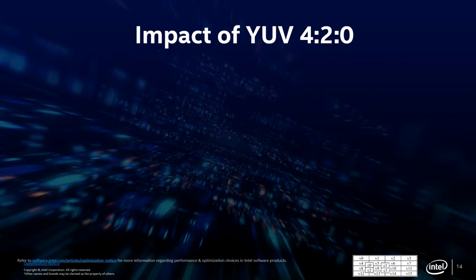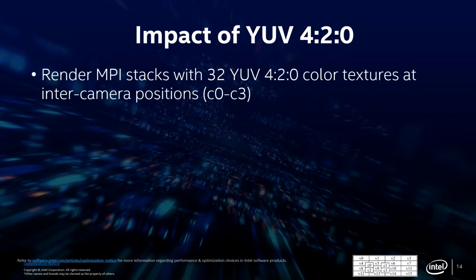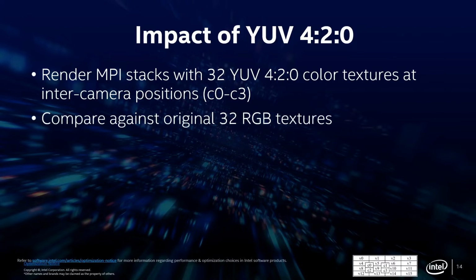And then we took the RGB components and converted those to YUV420 for our color textures. And then we used these resulting stacks to render at the intercamera positions C0 through C3 to see how the viewpoint interpolation held up when we converted to YUV420, and compared this against the original 32 RGB based textures.